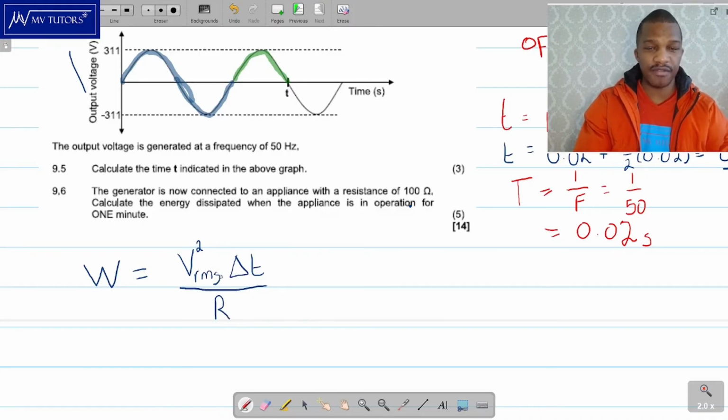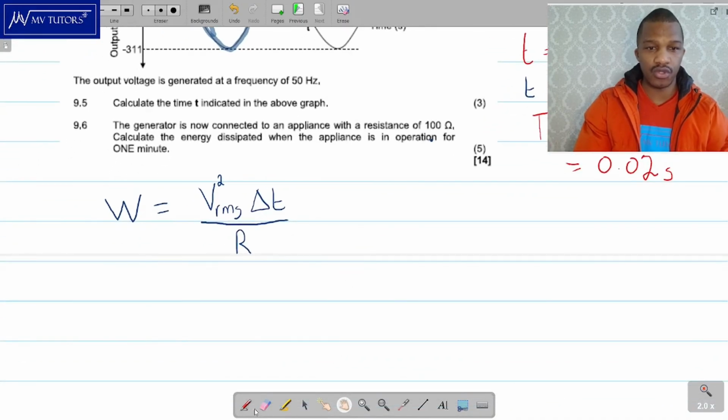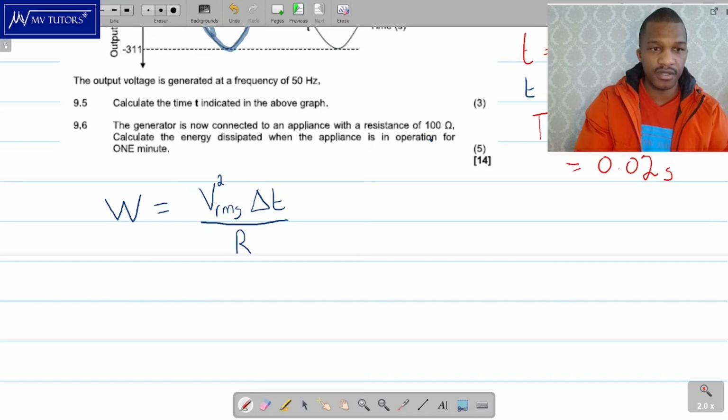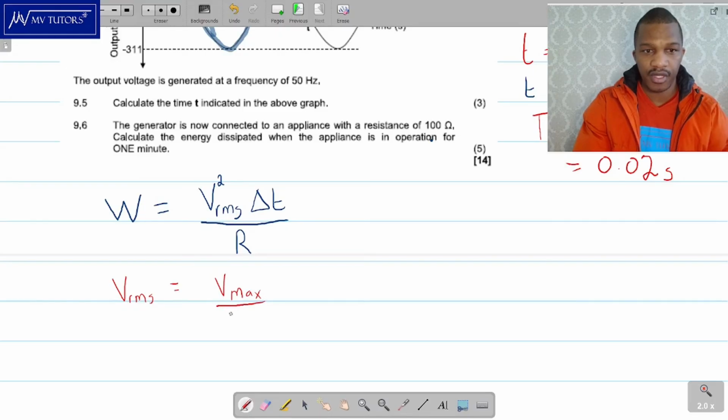Okay, let's check this out. Because it's an RMS V, it means that we need to start calculating the RMS V first. Now if you go to your formula sheet and check the formula for RMS V, you'll see that V_rms is equal to V_max, the maximum V, all over square root of 2.